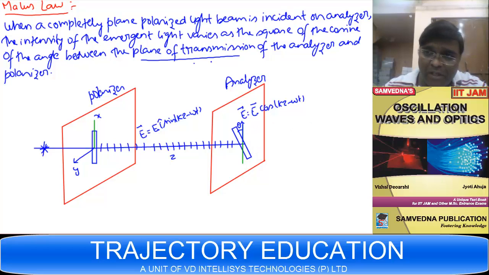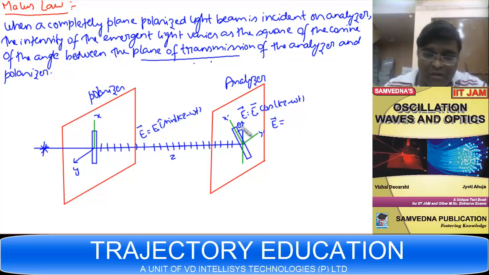I can split this field along the path axis of the analyzer and along the path axis of the polarizer. Along the path axis of the analyzer, say it is x dash, this is y dash.